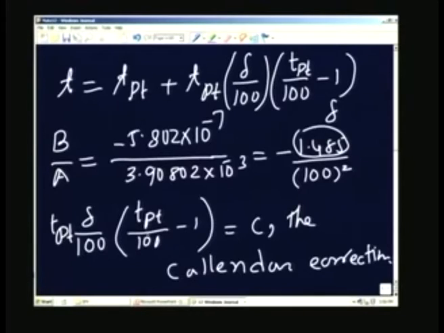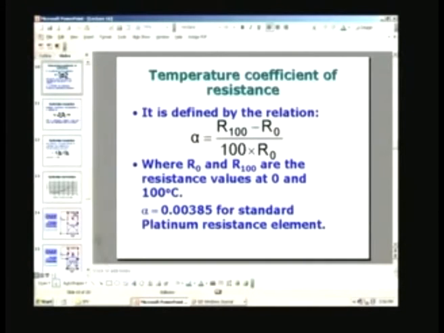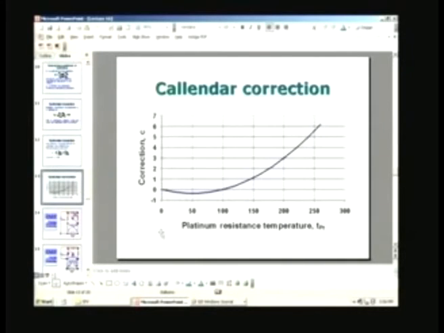Again, if temperature equal to 100, you see that 100 divided by 100 minus 1, this becomes 0. Therefore, the correction is 0 at T equal to 0, T equal to 100, C equal to 0. Actually, what I have done is to make a plot of this, the so called calendar correction.